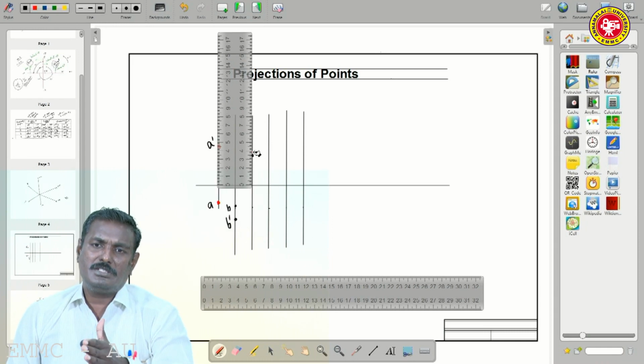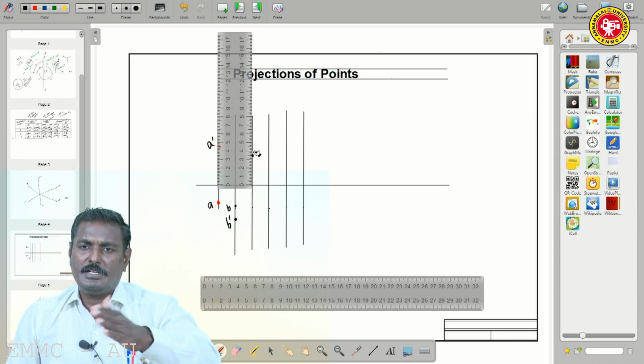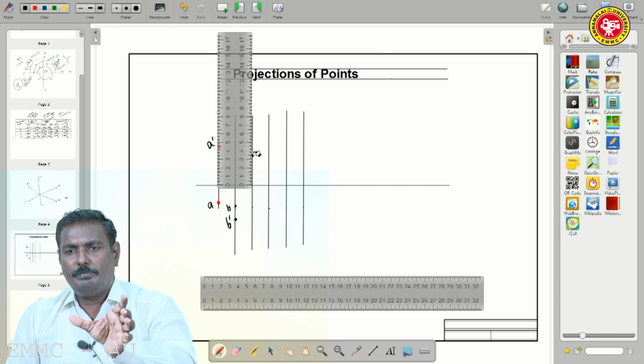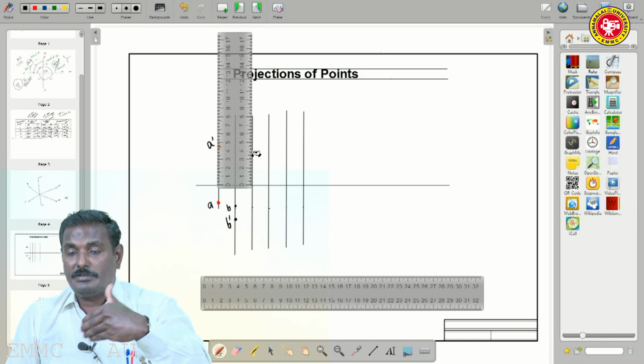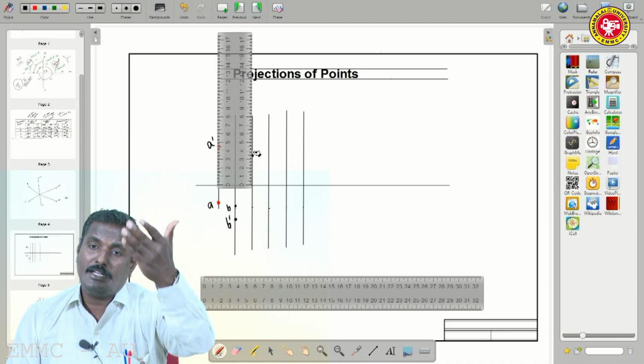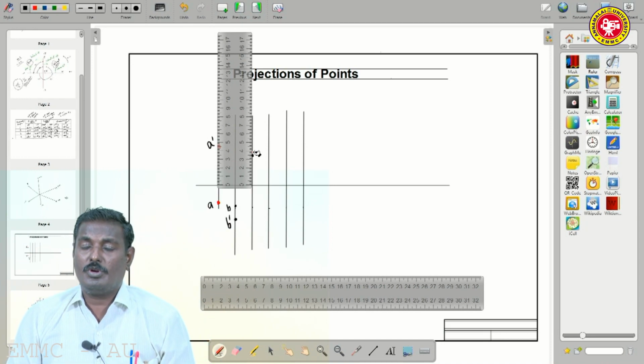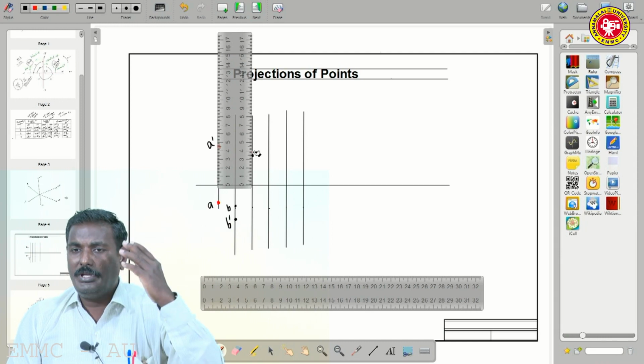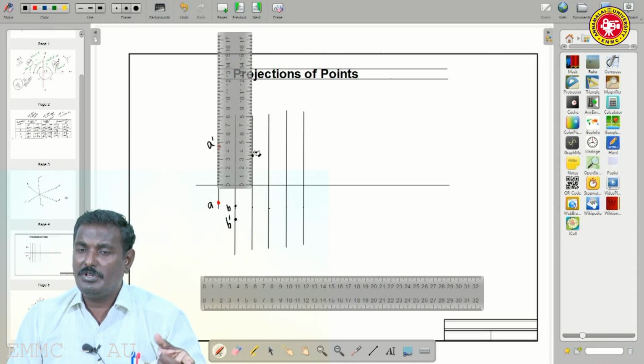So behind the VP means it should be either in the second quadrant or third quadrant. Either the second quadrant or third quadrant, the plan view represents above XY.